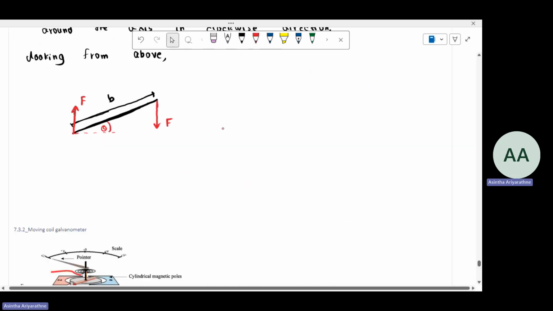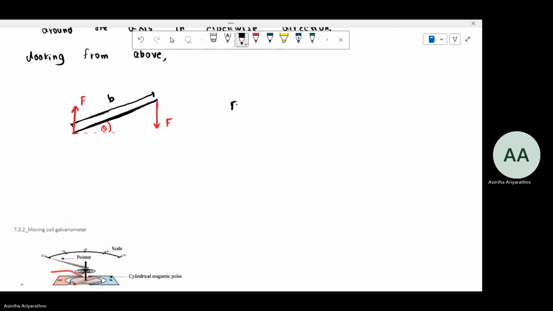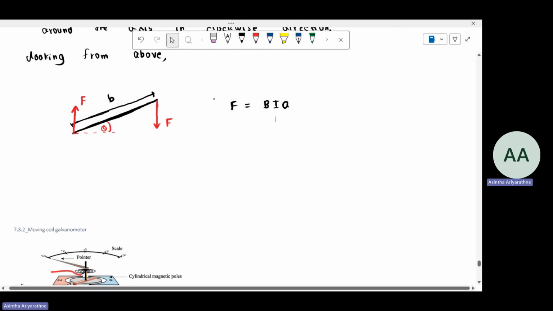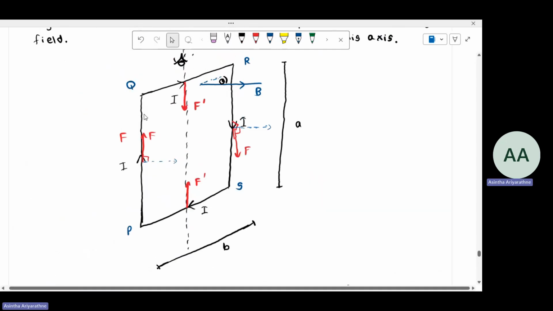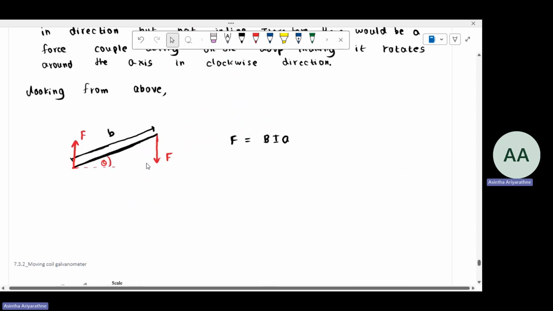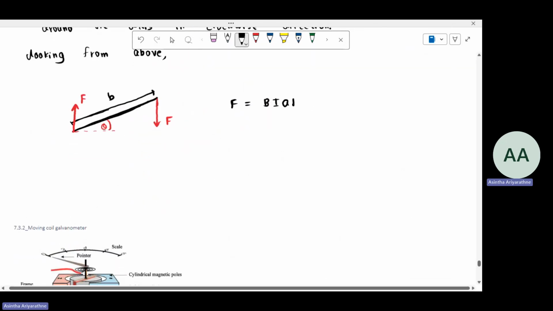And so F could be found. Here F is B I A, where A is the length of the conductor, the PQ segment. Since there are now N number of turns, we multiply by N: BIAN.